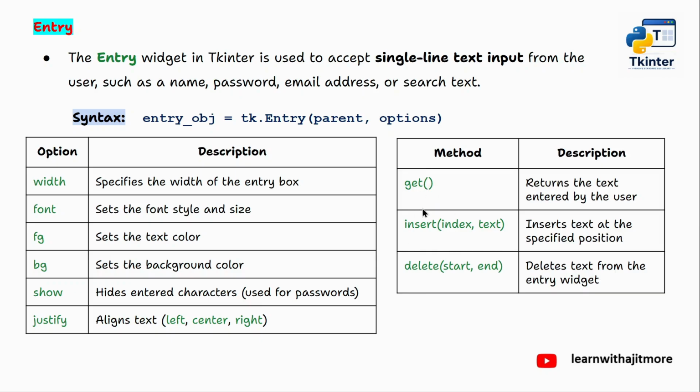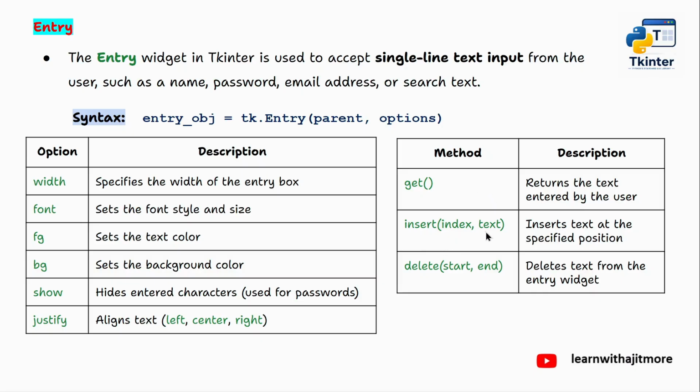And the methods, which I told you already. If you want what is typed in that text box, use get. Get returns the text entered by the user. If you want to insert some text in it, use the insert method. Insert takes a position in the text.